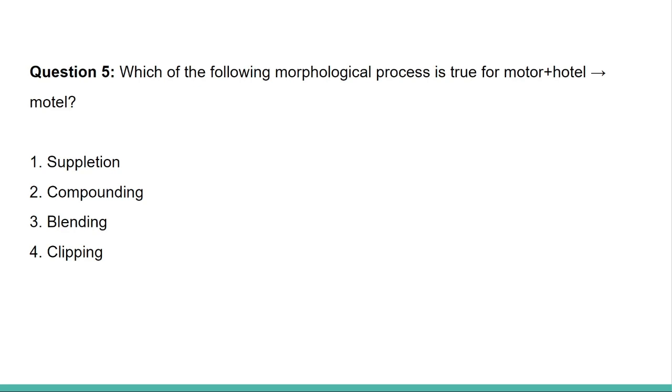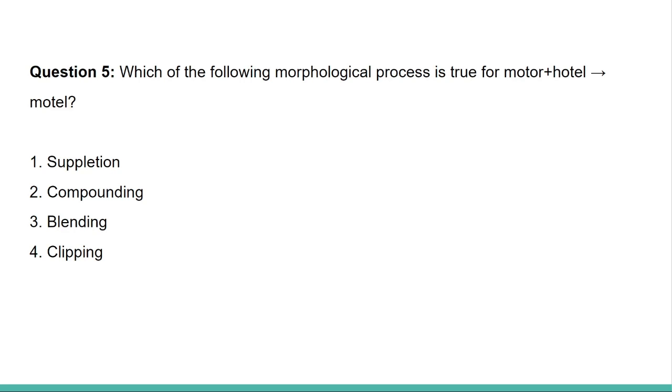Next is blending. What happens in blending is we simply combine two words, but the catch is it is different from compounding, because after the two words are combined, it is difficult to identify what were the original constituent word forms. For example, breakfast plus lunch is brunch. From the final word brunch, you cannot isolate the initial words breakfast and lunch.